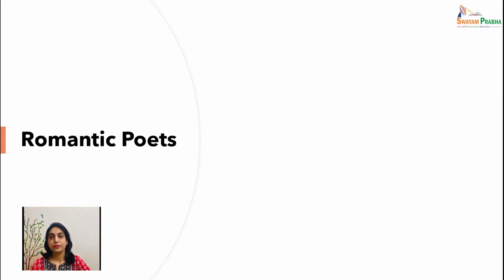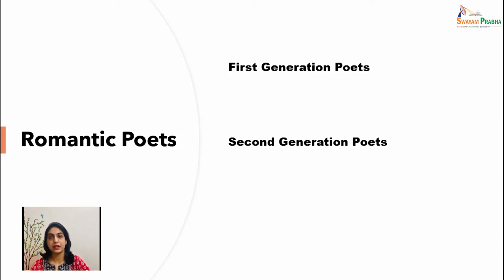To ease out the distinction, scholars and critics have distinguished the poets of the Romantic era into two categories: the first generation poets or the senior poets, and the second generation poets, that is the younger poets.